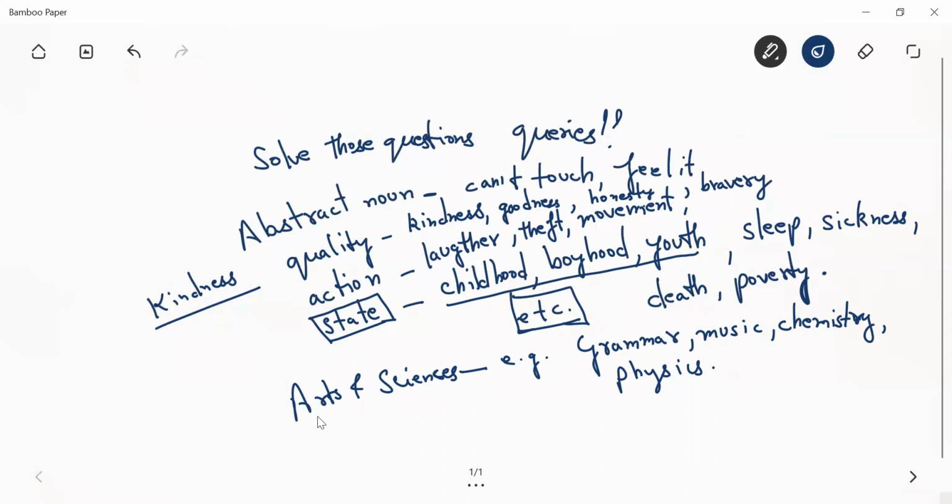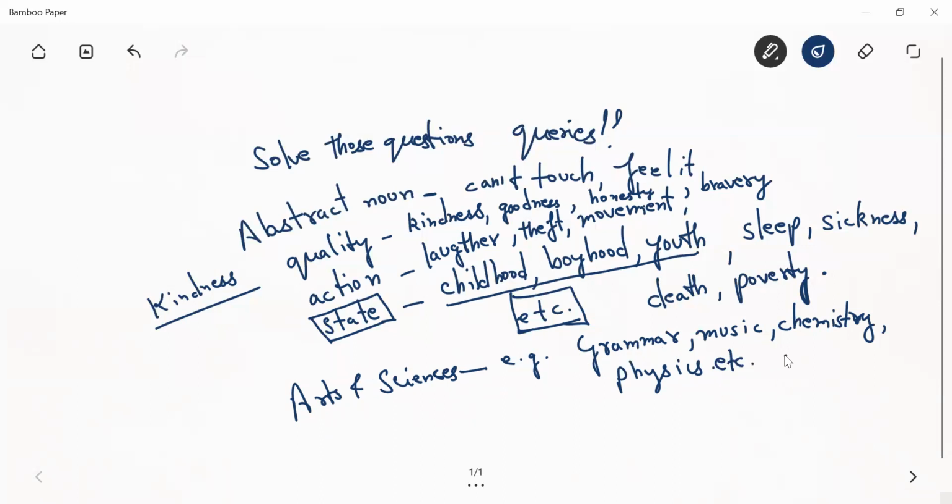Under arts also you have many subjects: literature, music, fine arts. When it is bifurcated in higher classes, many subjects come under it. That's why I will write etc., especially under arts.